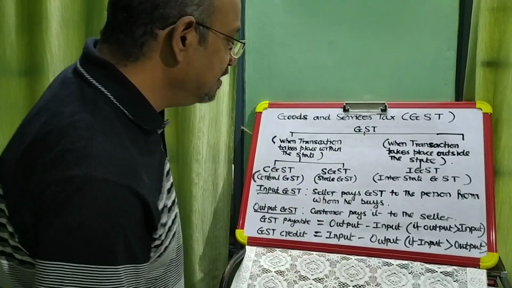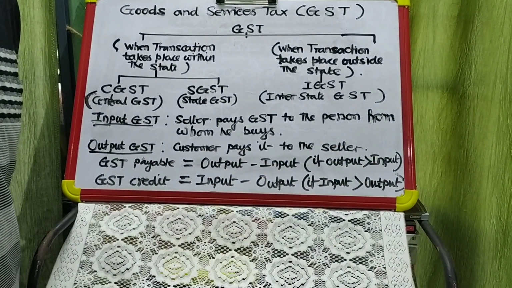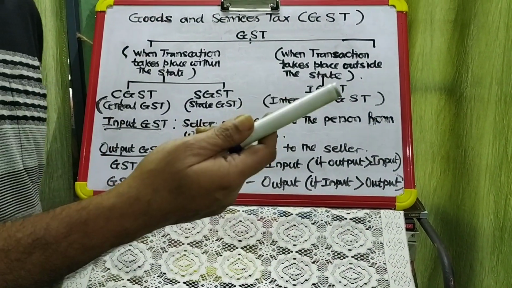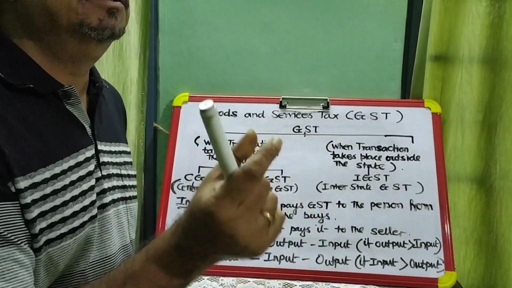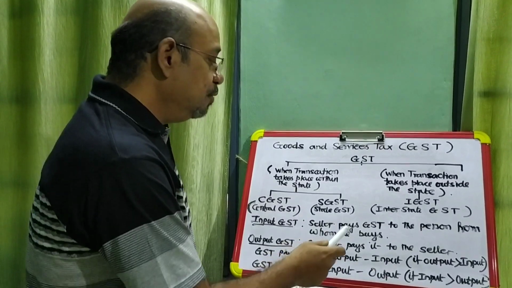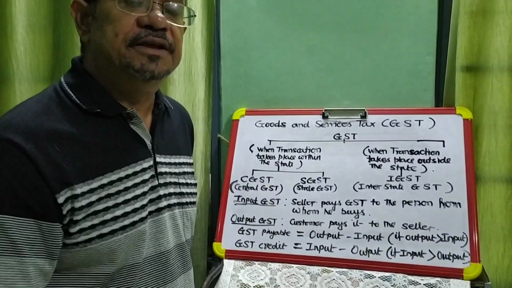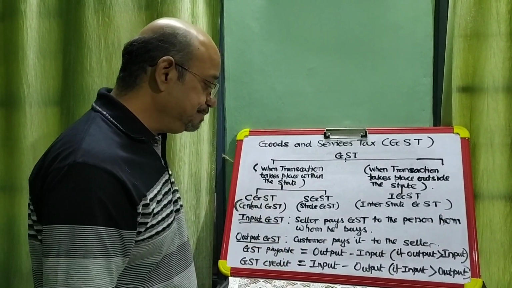What is output GST? This is what the customer pays to the seller. When you are the customer, going to a shop and buying things, you are paying the GST to the person who is selling it to you. What the seller is collecting from the customer is known as the output GST.